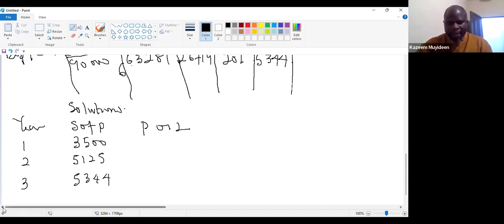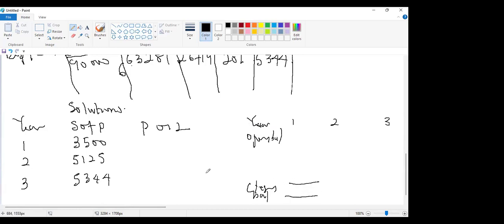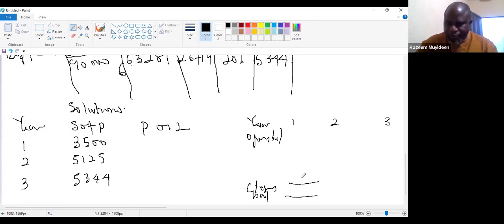We want to get the P or L. Very simple. Let me put it beside here so that we can see it. I'll now say year 1, 2, 3. Opening balance. Then what do we close with? Closing balance. The closing balance in year one is 35.